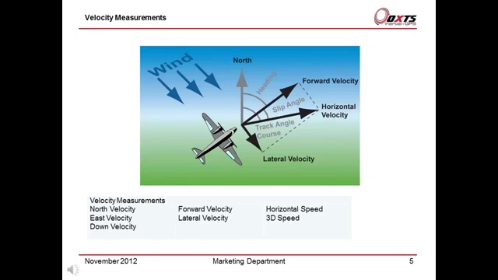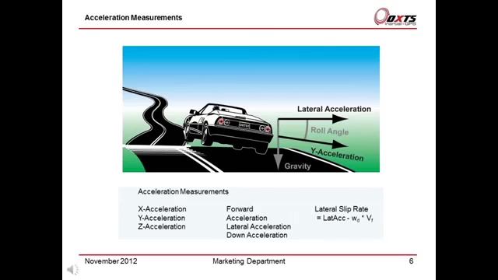The heading of the car is not the same as the angle of the velocity vector. To measure the slip angle, you need to measure the heading minus the track angle, which will equal the slip angle. The underlying calculation in the RT integrates the accelerations to give north, east and down velocities.